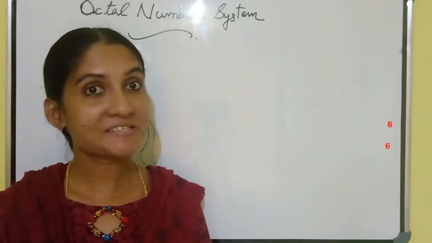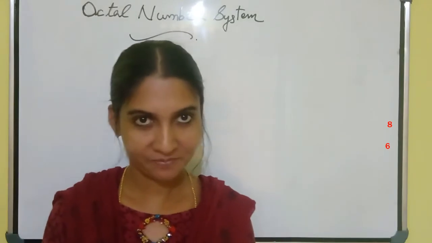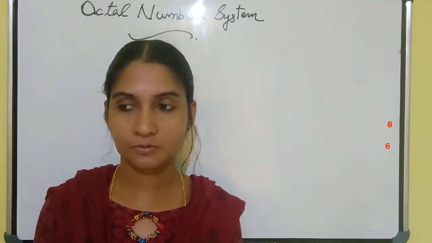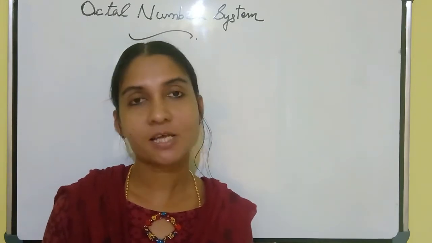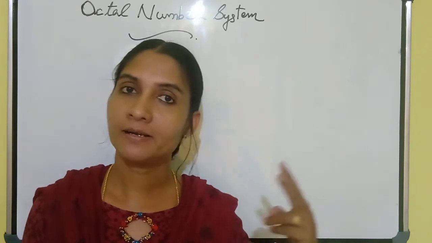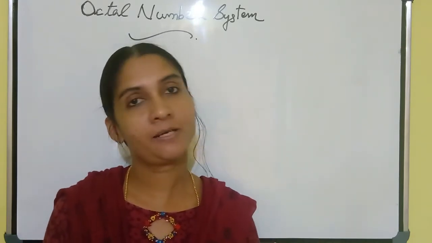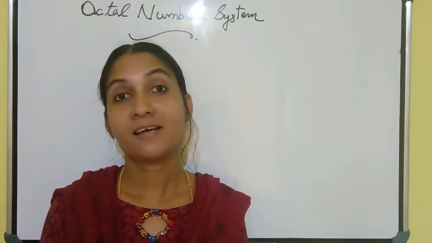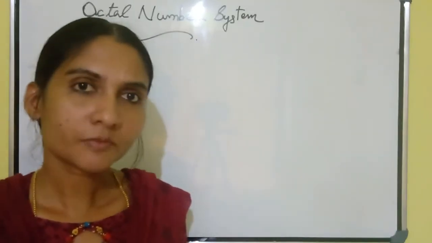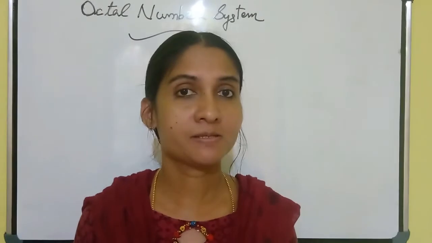Okay. Next one is octal number system. We already studied two number systems. What are they? Decimal number system and binary number system. This one is octal number system. Shall we start? Do you know what is the base of an octal number system?